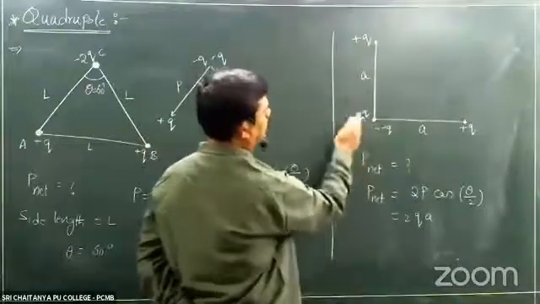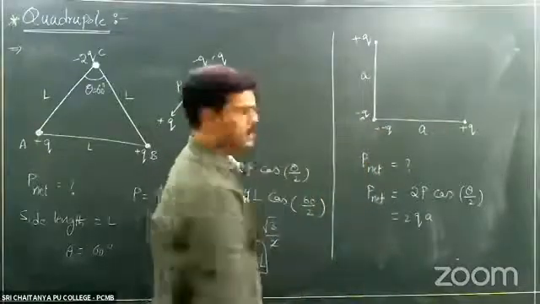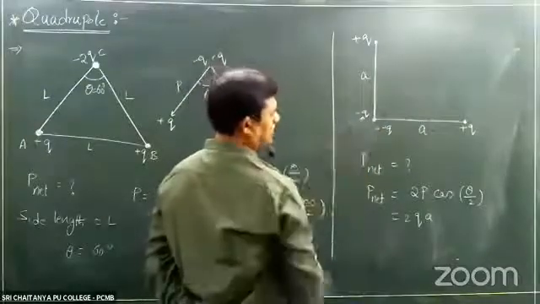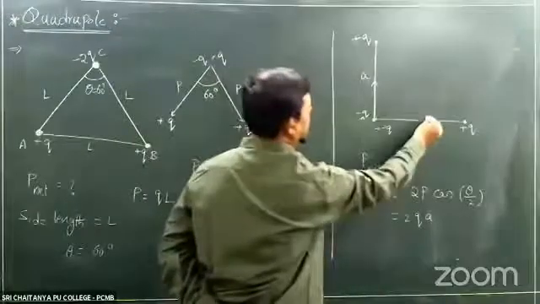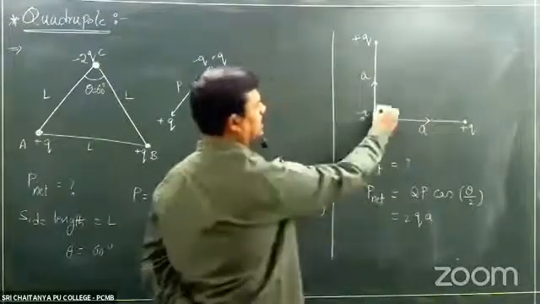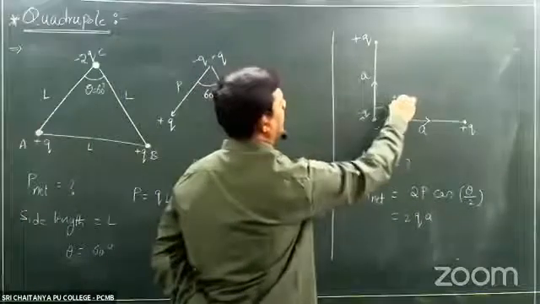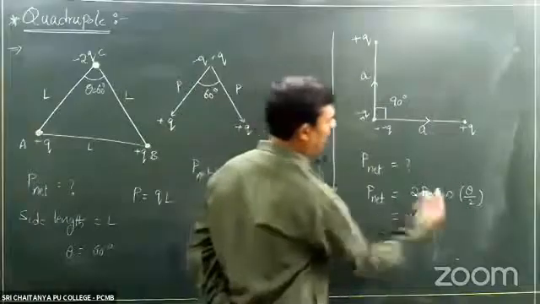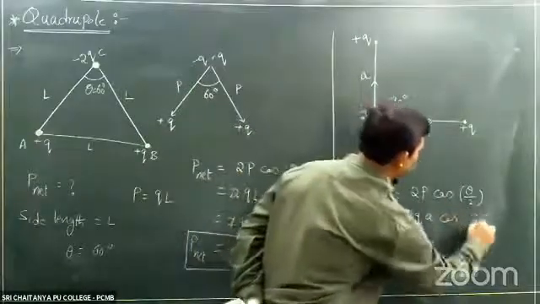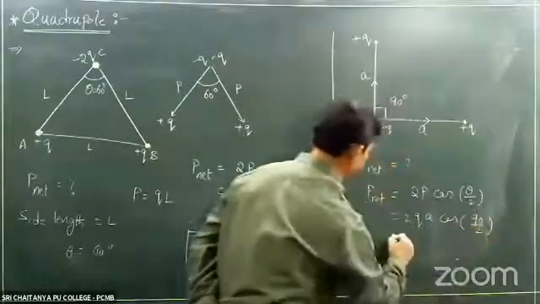So this is one dipole and this is another dipole. This is in this direction, this is in this direction. What is the angle? Angle is 90. So 2qa cos 90 by 2.